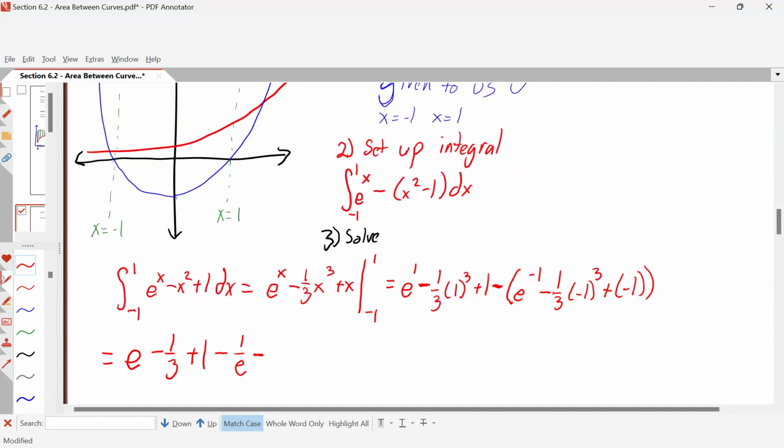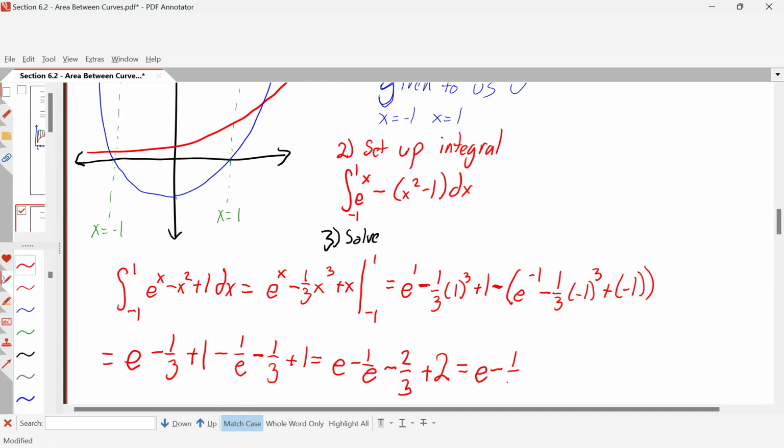So negative of a positive 1/3 is going to be minus 1/3. And then plus a negative 1. With that negative distributed, we have a plus 1. Simplifying these out, we have e minus 1 over e minus 1/3 minus 1/3. So negative 2/3 plus 2. 2 is also 6/3.